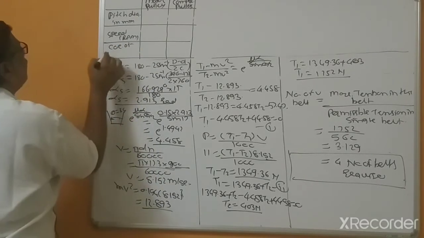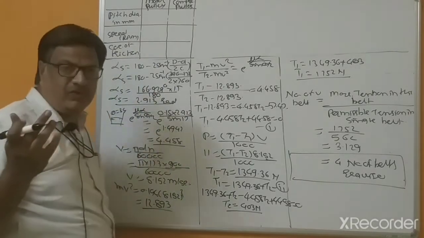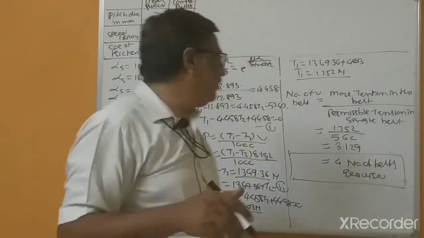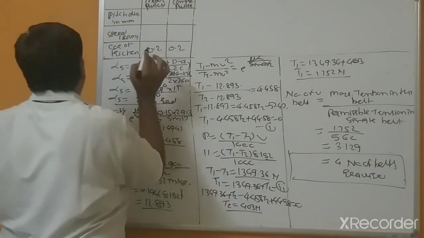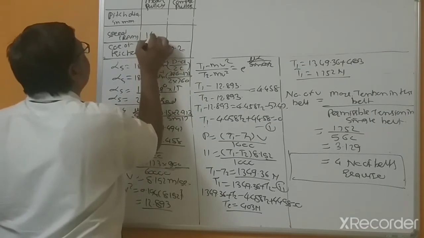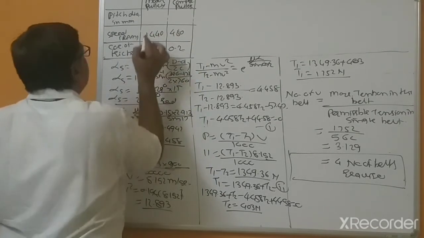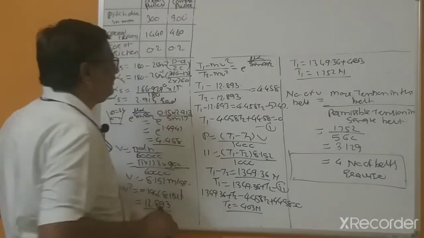The coefficient of friction is the same for both pulleys, because the material is the same, cast iron, and the V belt is also the same. So the coefficient of friction is 0.2, and the speeds are 1440, 480, 300 and 900.